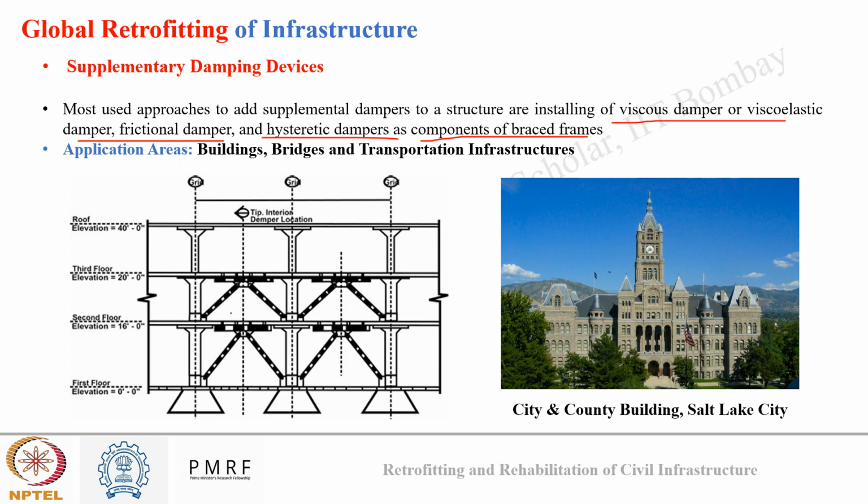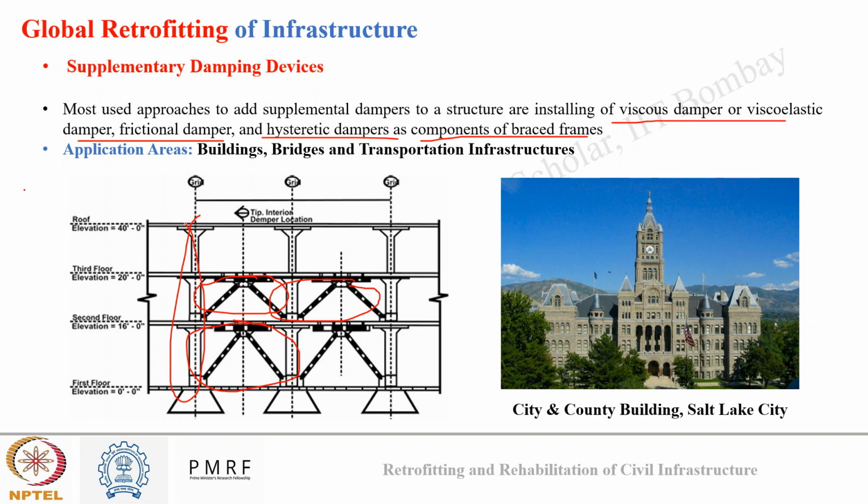So you can see in this image also, in between two floors, such supplementary damping devices are often installed. So what they do, they vibrate at a much higher time period, and they reduce the vibration energy that will be transmitted in the main structural members, and it will safeguard them from any failures.